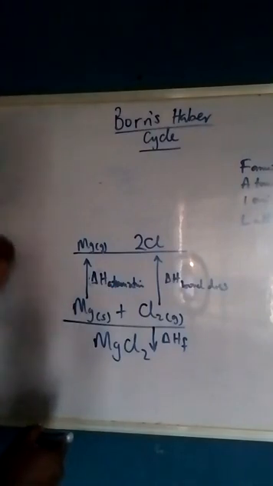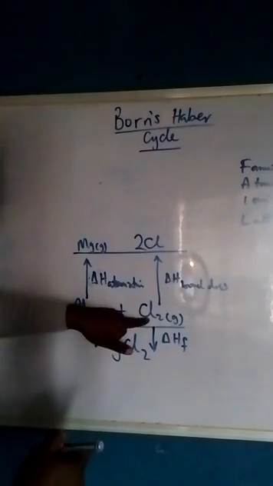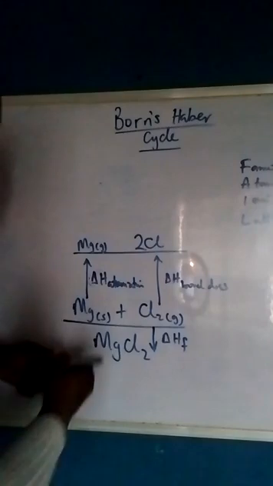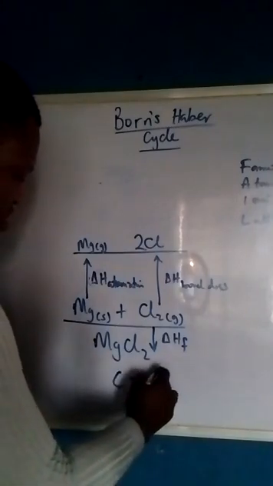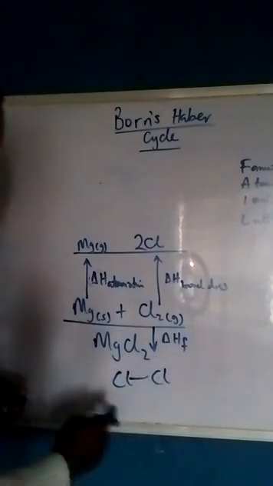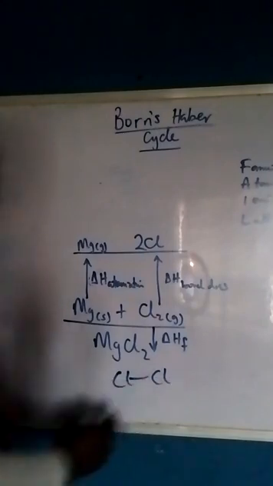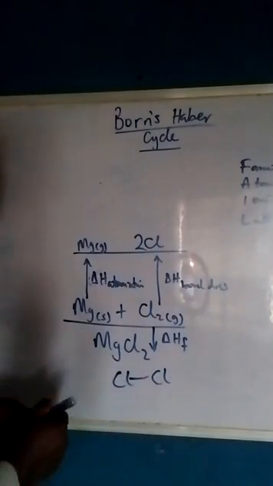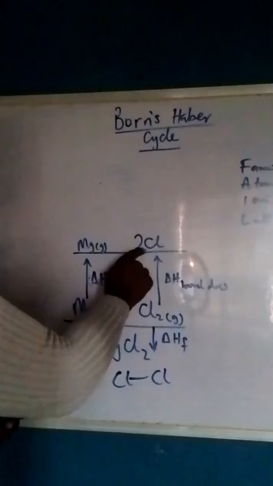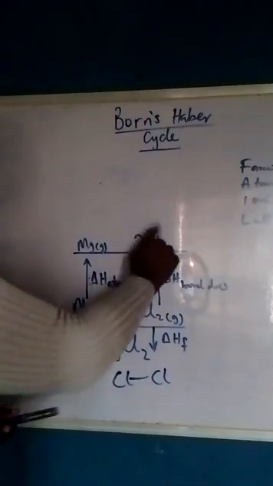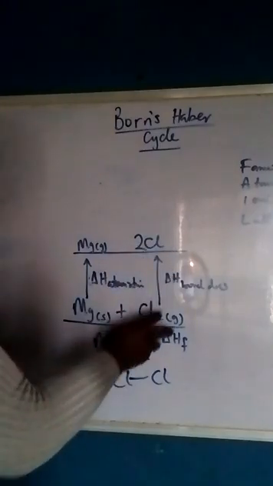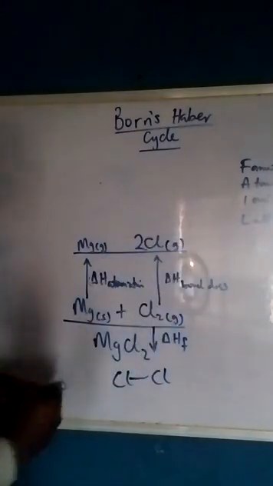Because this is Cl2, that's how the bond looks, so there are two atoms in a molecule of chlorine gas. That's the reason I'm putting the 2 here. So that is 2Cl, because we are moving from a gaseous state to a gaseous atomic state.